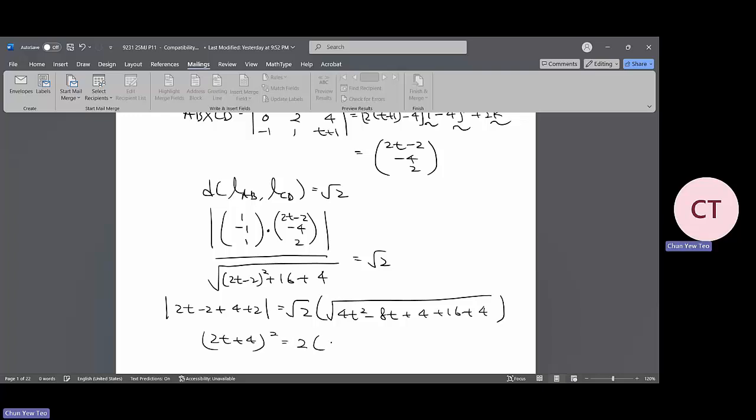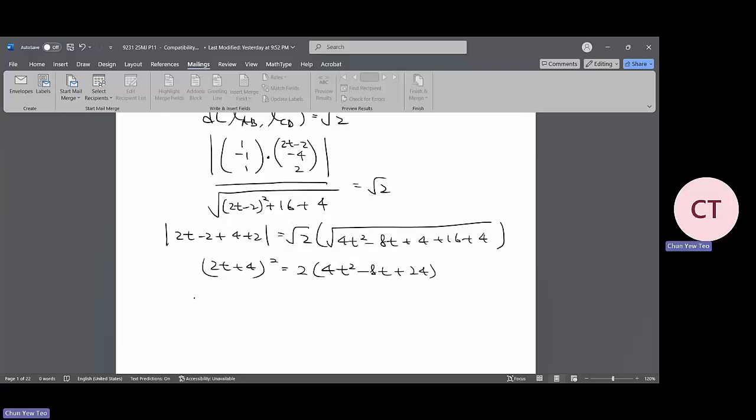This one will be 2 and 4t squared minus 8t plus 24. So if I expand, I get 4t squared plus 16t plus 16 equal to 8t squared minus 16t plus 48. So you get 4t squared minus 32t plus 36 plus 32 equal to 0. Divide everything by 4.